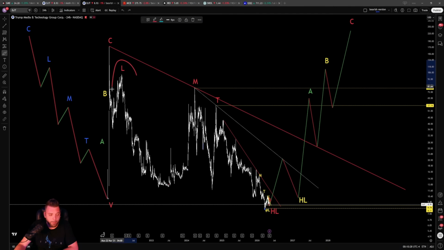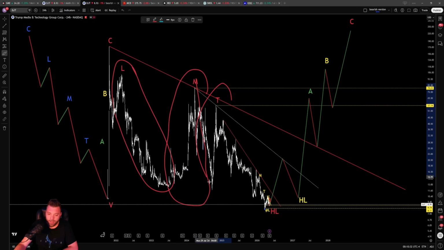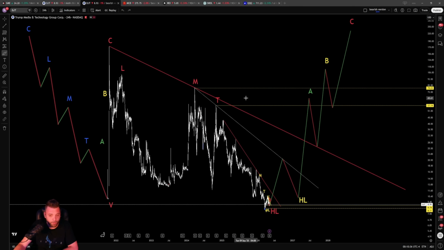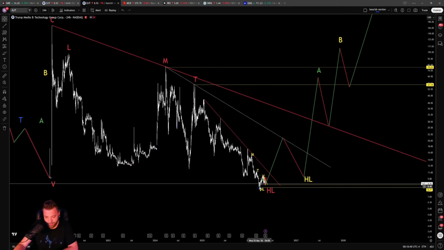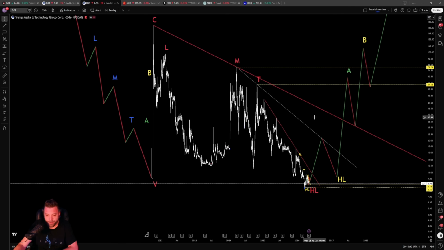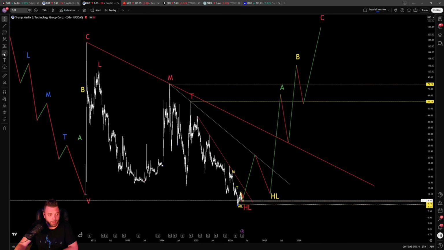Then we got a massive lower high, a massive M, and a massive T. And for the bullish tracking, our all-time low and our V has to be April 2026. Before we go into micro tracking in here, the only thing still missing would be a macro high low and then your A and B. Your A has to be over 60, your B has to be over 80, and then the only question is, are you breaking all-time highs or not?